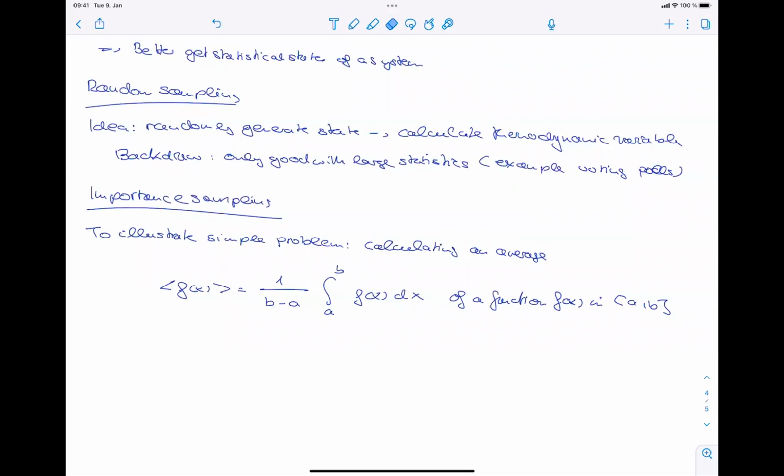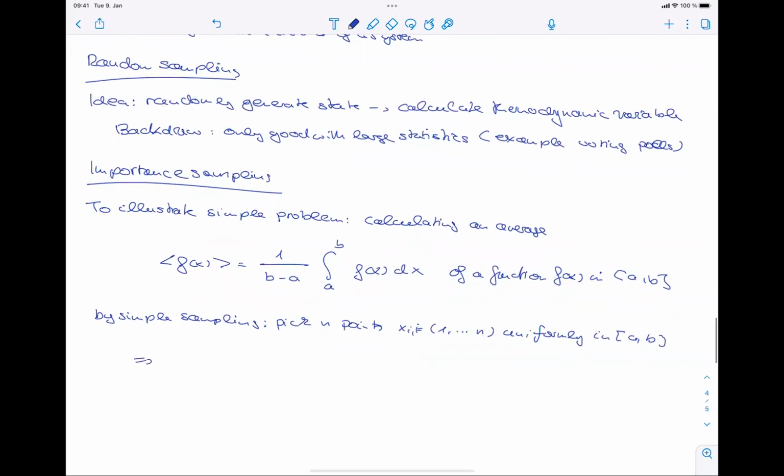So what I can do by simple sampling, I can pick n points, x_i, with i between 1 and n, that are uniformly distributed in this interval a, b.